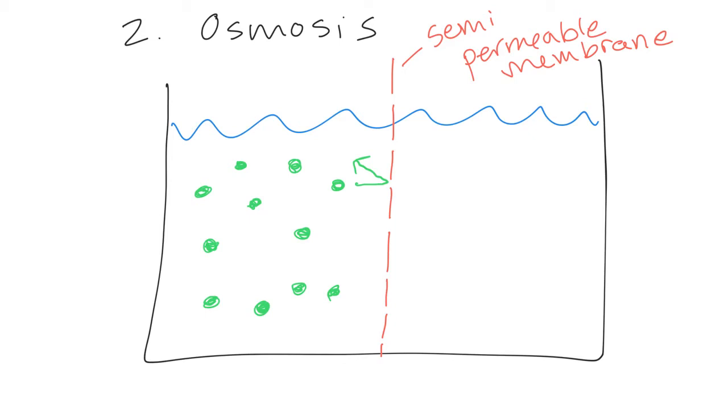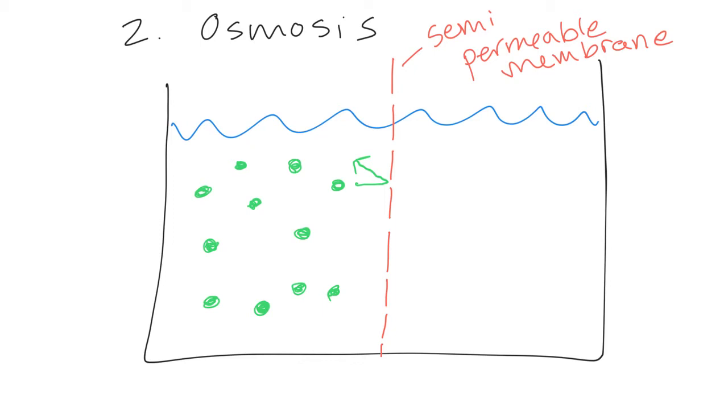So instead of the molecules spreading out and creating a more even distribution, since they can't do that, what's going to happen instead? The water, which can go through, is going to try and even things out.